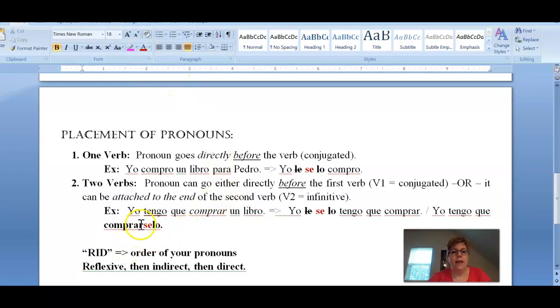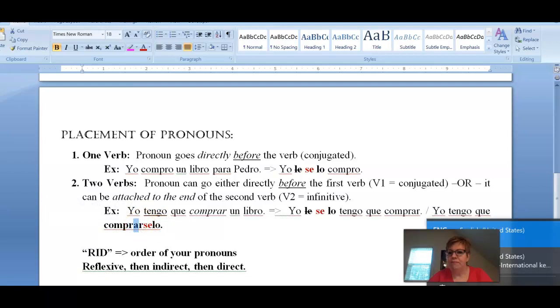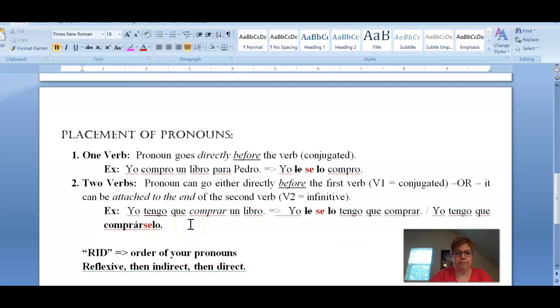Okay? Now, since I've added two more syllables to this verb, if you add two more to a verb, you're going to have to count back 1, 2, 3, and put an accent mark over that A. Comprársela. Okay? All right. So there's your order.